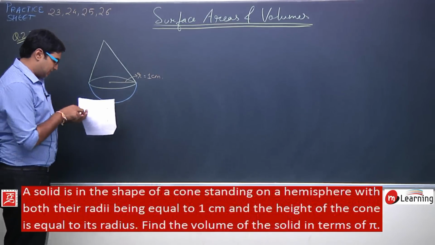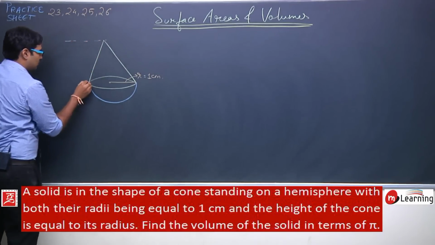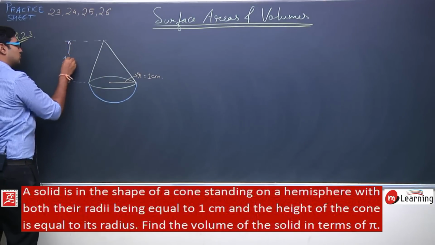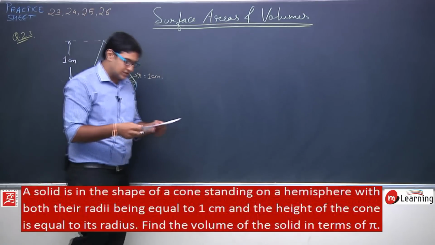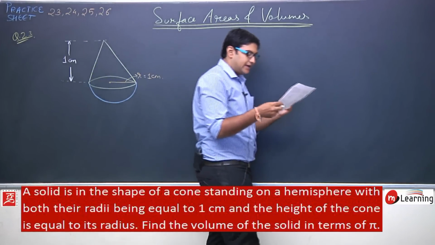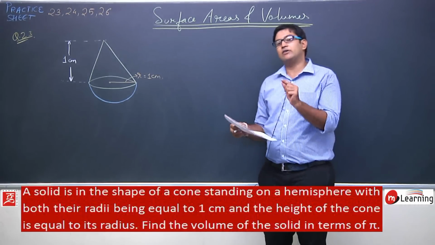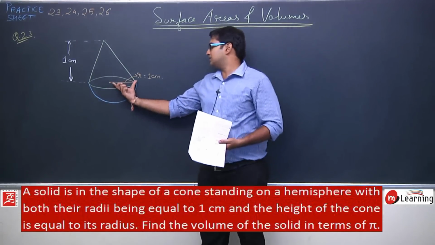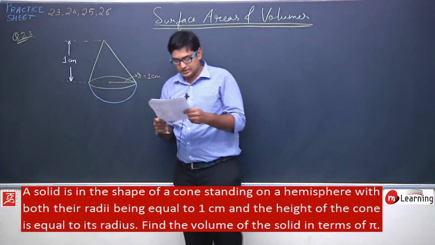So the height of this cone is also 1 centimeters, because it is equal to its radius, not the diameter. The radius of the cone is 1 centimeter, so definitely the height is also 1 centimeters.